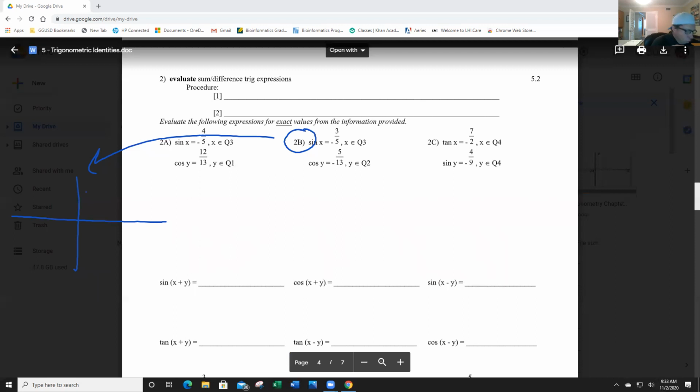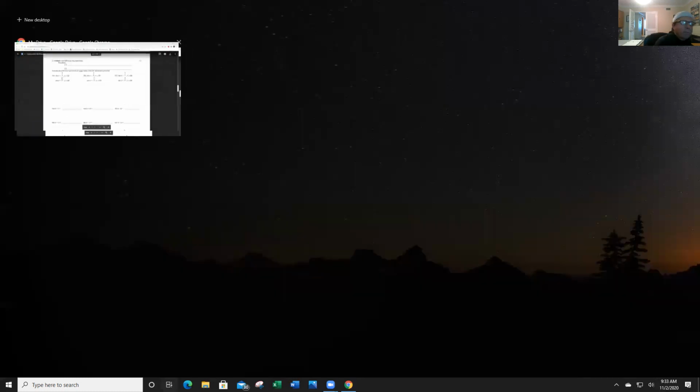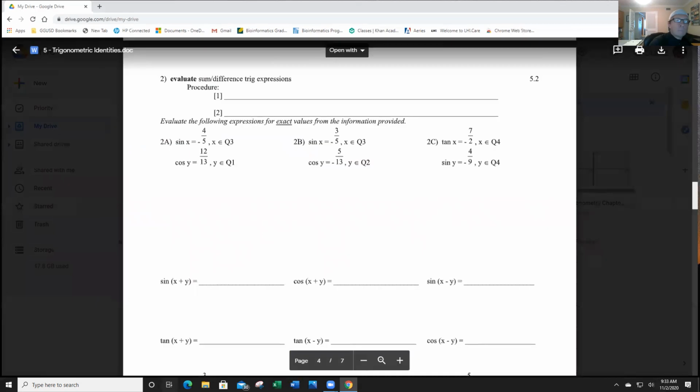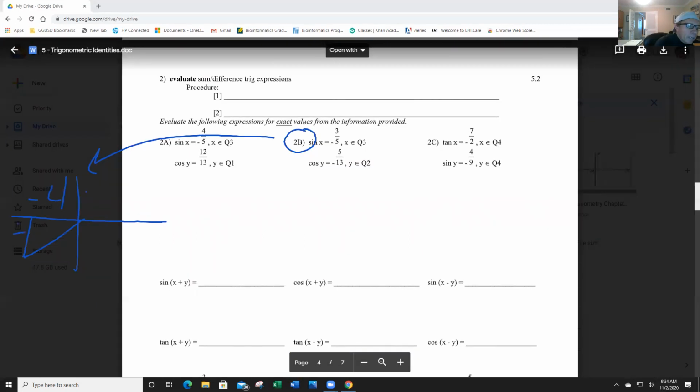We got quadrant 3 for the first one, and that's going to be -3, my bad, and 5, because in quadrant 3, the sine and the cosine are both negative.